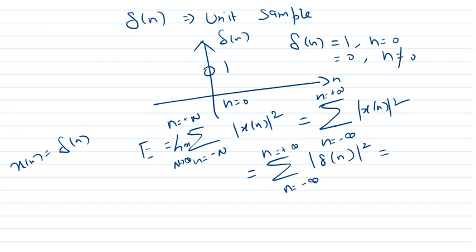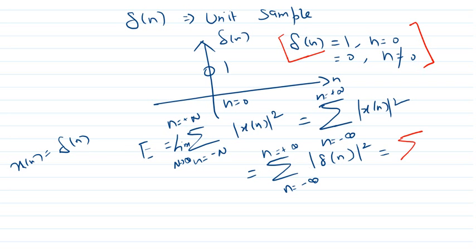Now what is the energy of this signal? The property of delta[n] is that it is only defined for n equals 0, so this summation exists only for n equals 0, and the rest of the values are 0.